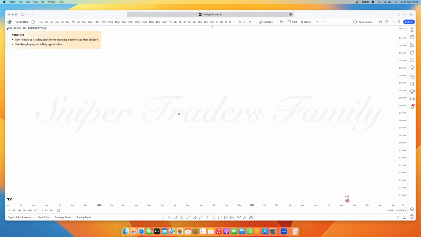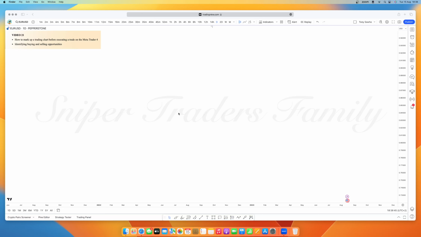Now, how do you know if that pair is presenting to you a buying opportunity or a selling opportunity? What do you think is the first thing that will come to your mind that tells you that this is a buying opportunity, or I'm supposed to be looking for a buying opportunity in this currency pair?